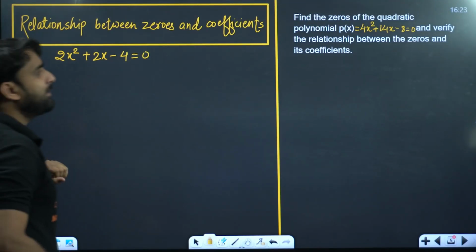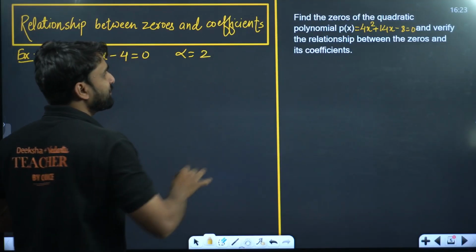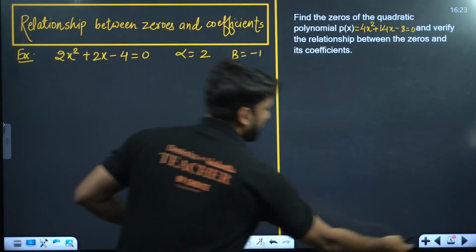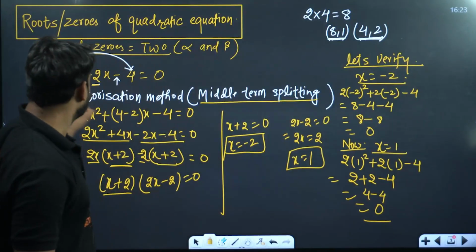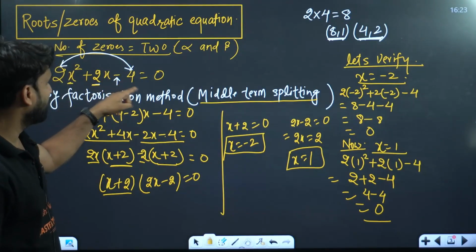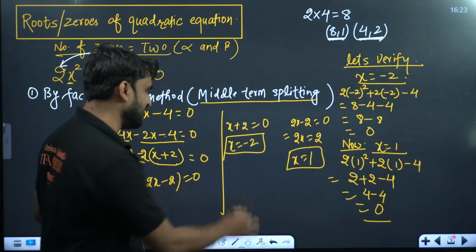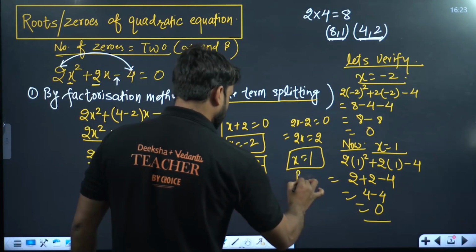If you remember, what was the first root? The first root was 2, and what was the second root? The second, beta, was -1. Let me show you here. In this 2x square plus 2x minus 4, x equals -2 and x equals 1. So basically we can also say alpha is -2 and beta is 1.